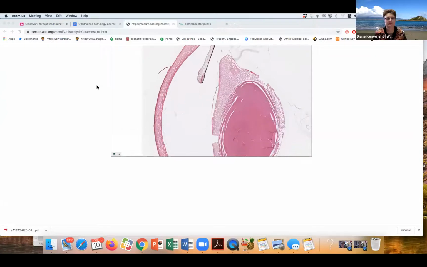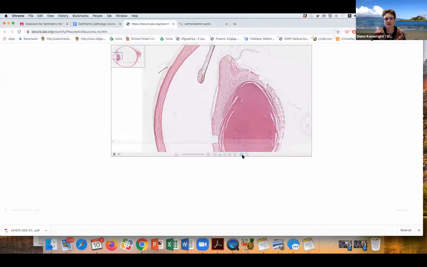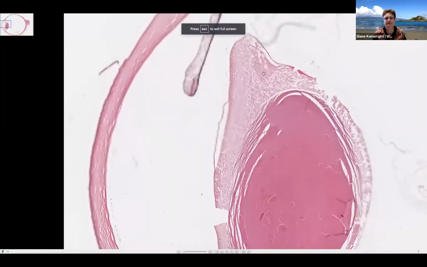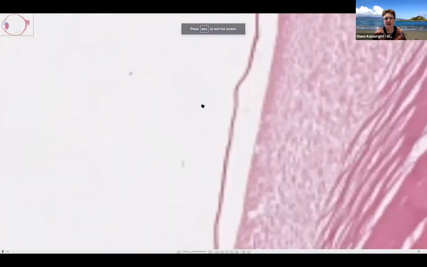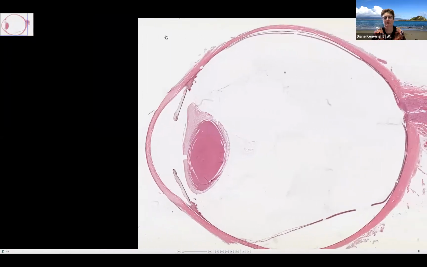I'll just start doing a bit of screen sharing while that happens. Okay, questions from the team. Off we go. Forgive my dodgy navigation, as always.